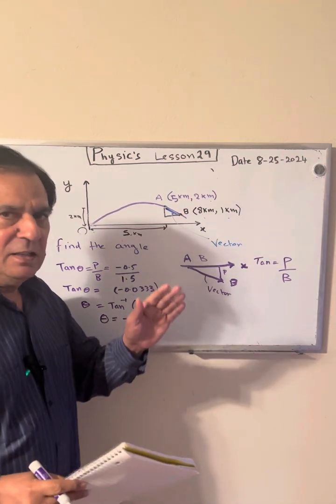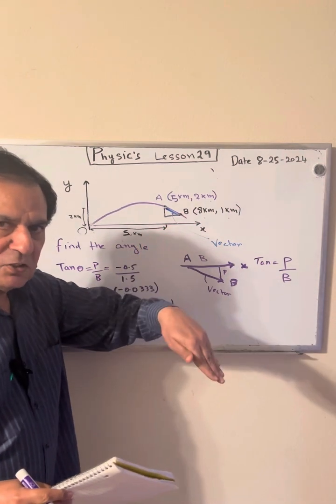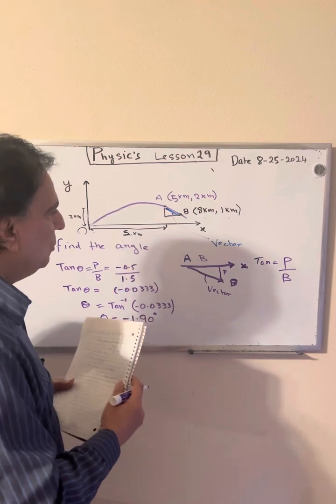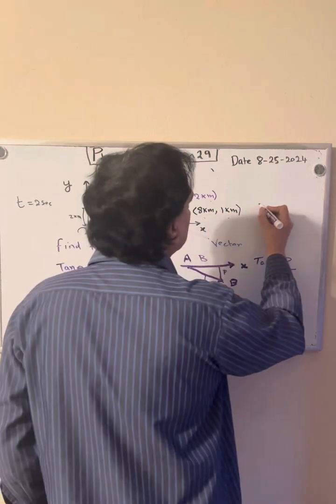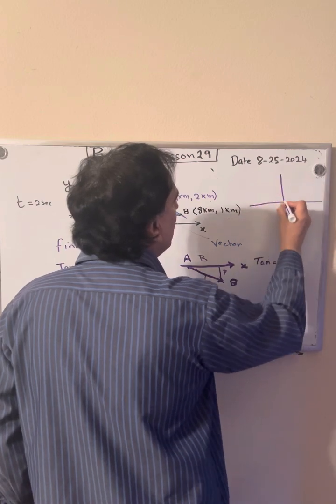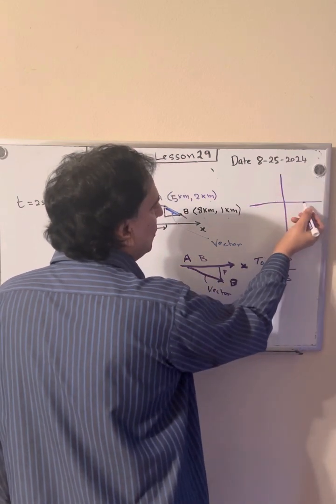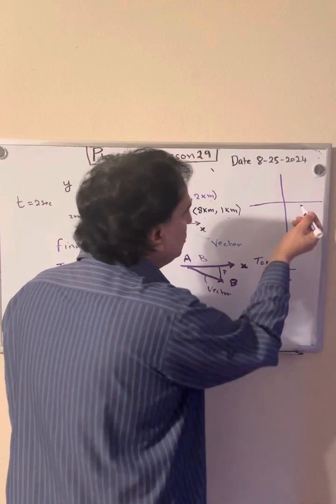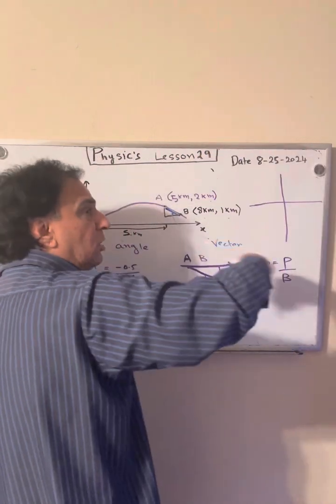Negative means this is below the x-axis. Okay, so the orientation is like this. Let's say you have the x-axis and you have the y-axis. Anytime you measure an angle, you have to go anti-clockwise.